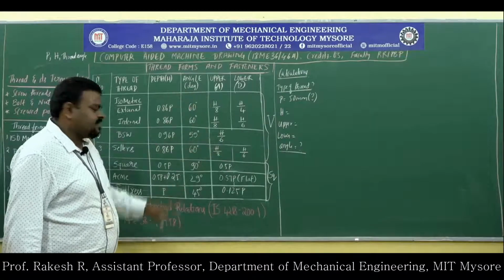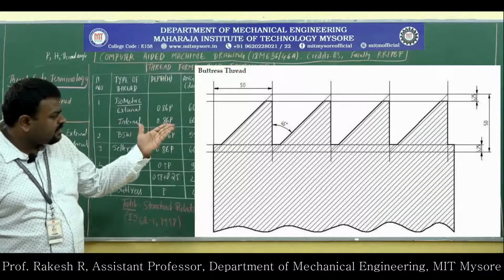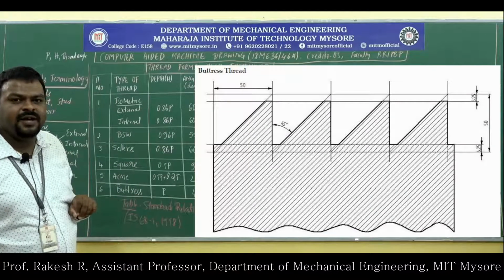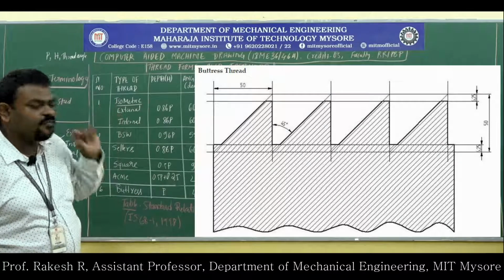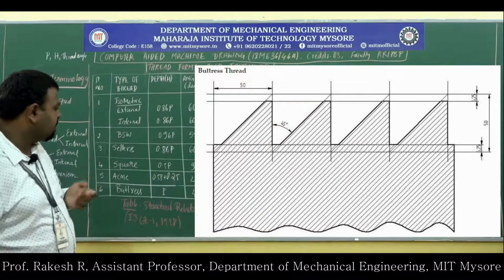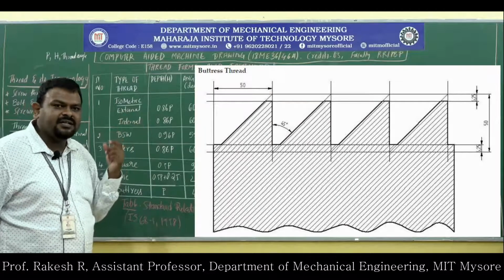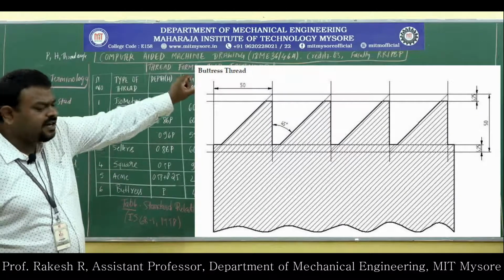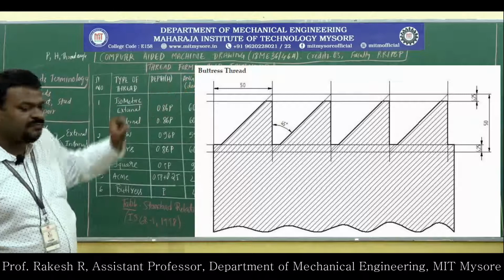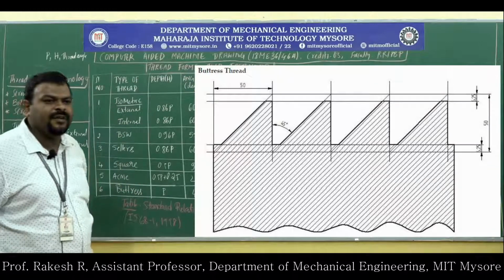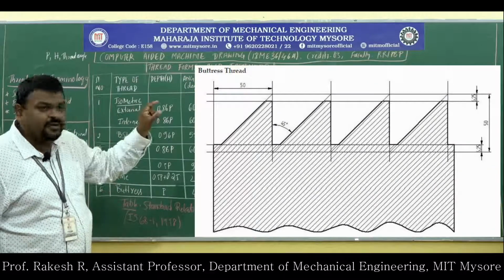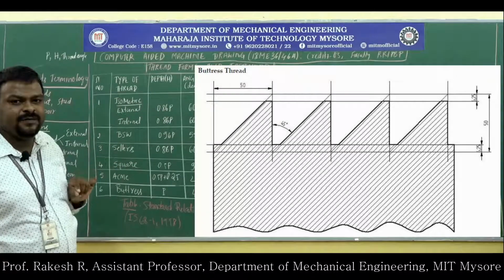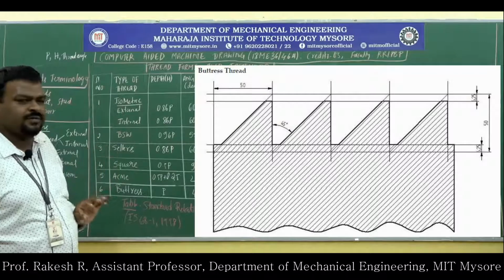After that, buttress thread. In buttress thread, see the profile, there is no calculation for depth of thread. The depth of thread will be equal to pitch, and then 45 degrees the threaded angle, then 0.125p and 0.125p, that is the addendum and dedendum, or upper and lower.